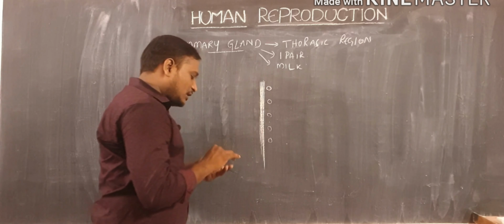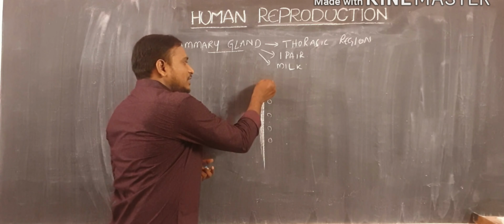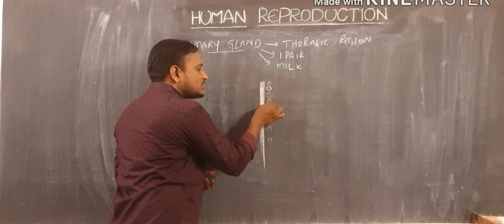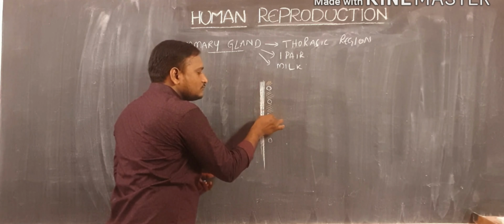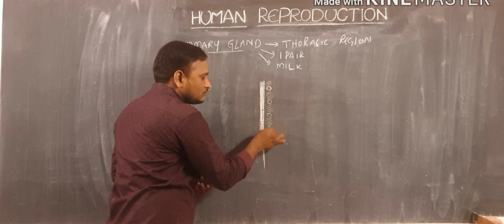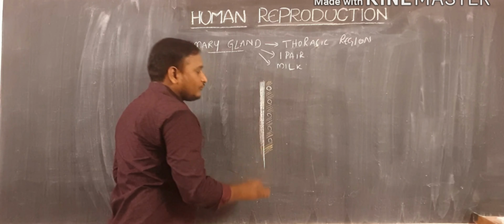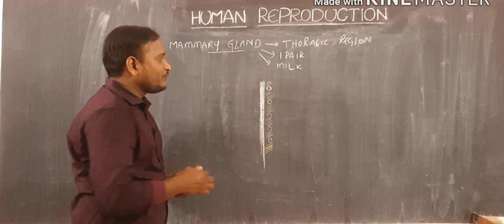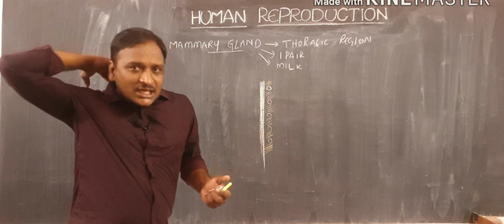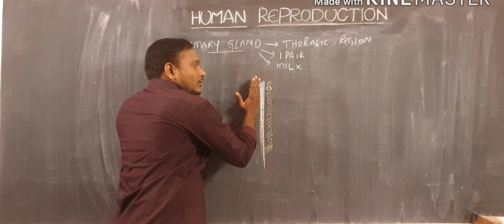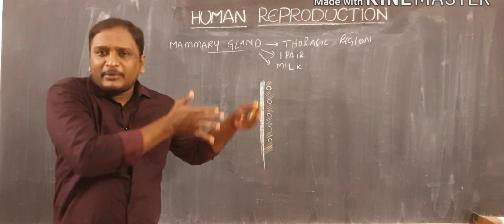Between the rib bones, intercostal muscles are present. This is the dorsal side of the body, the back side to the mammary gland.